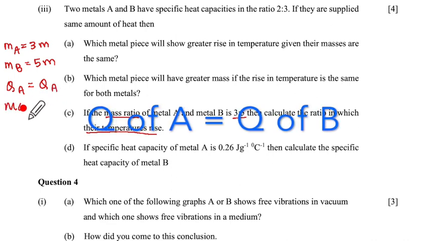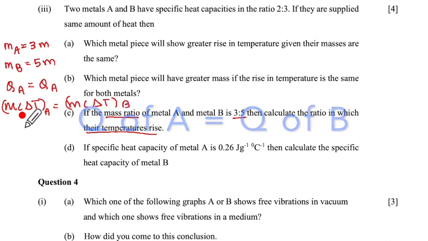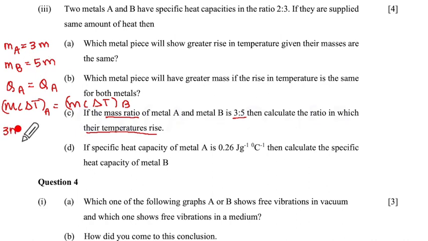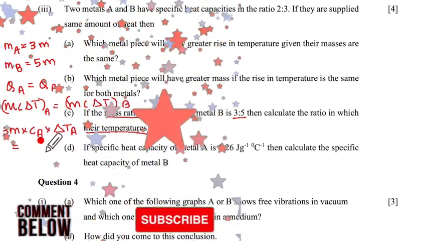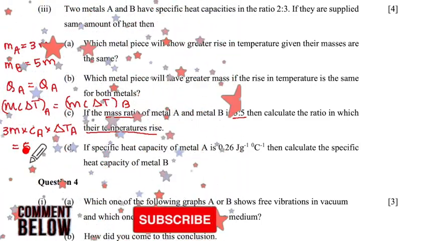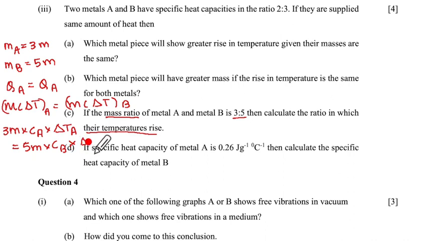So you will have mc delta T of A will be equal to mc delta T of B. Okay, so your mass for the A metal is 3m into Ca into delta Ta will be equal to, for B, mass will be 5m into Cb into delta T of B, and that will give us m getting cancelled.